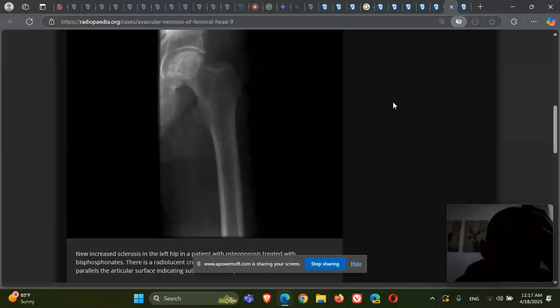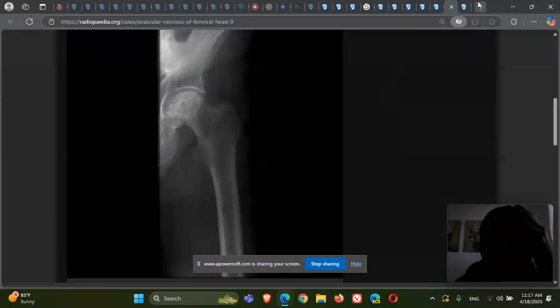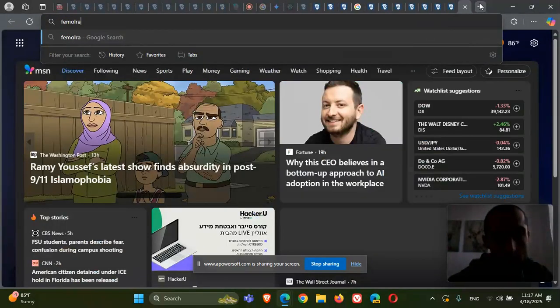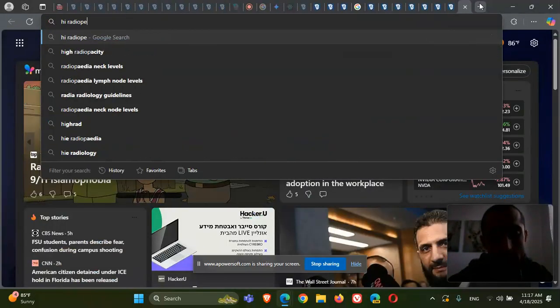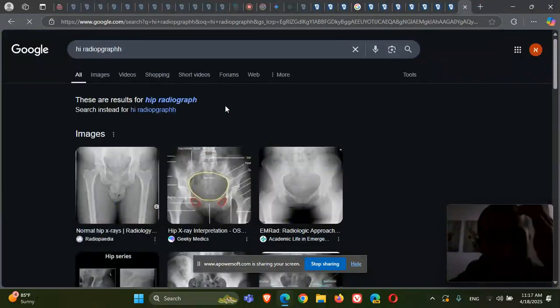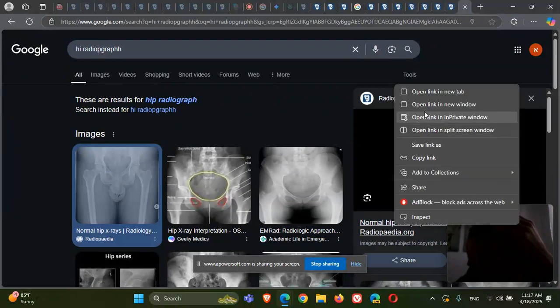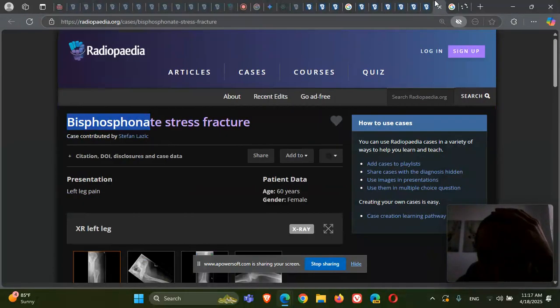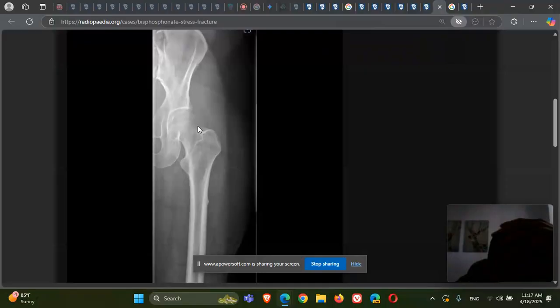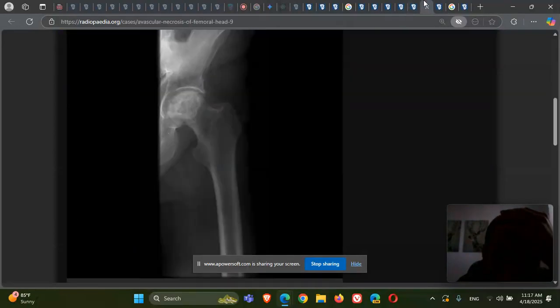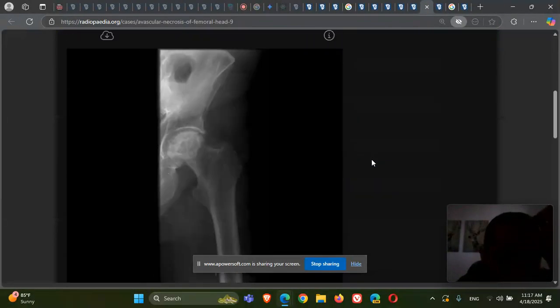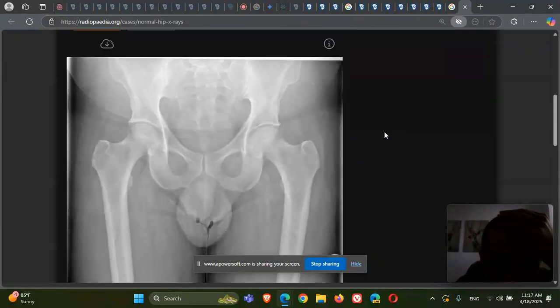Let's call it the hip radiograph, just for you to compare this irregularity a little bit and sclerotic area right over here to this normal radiograph.